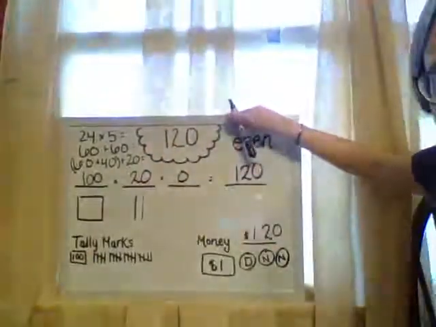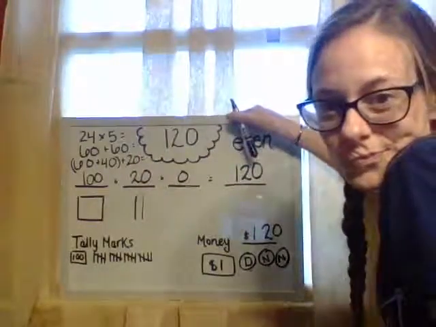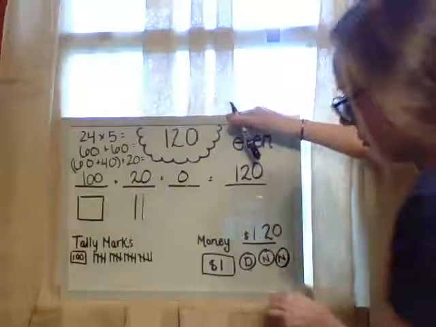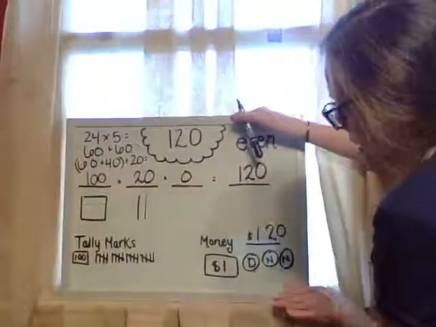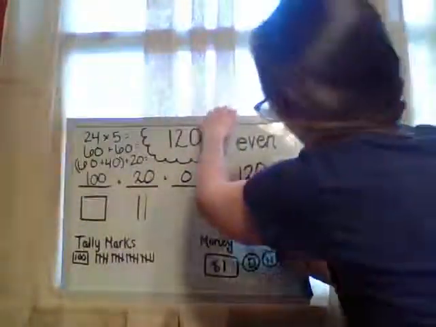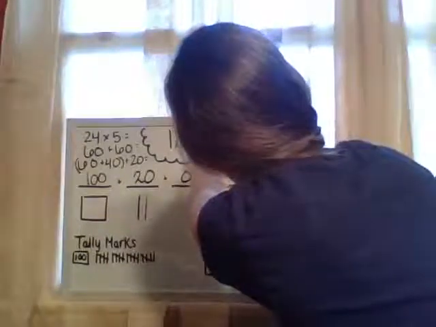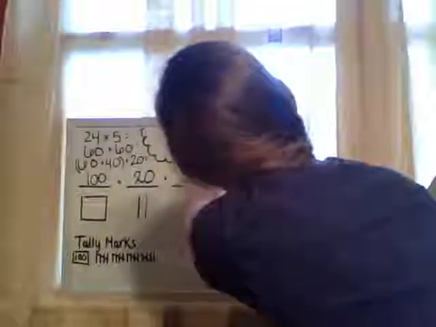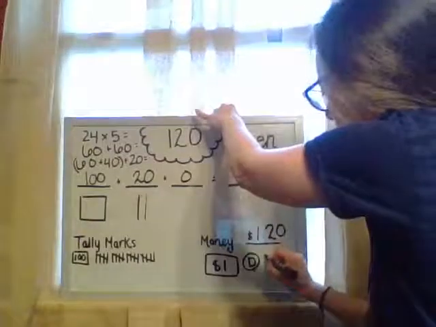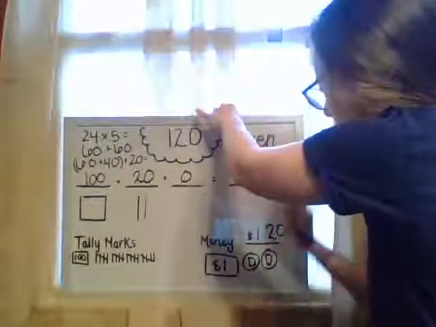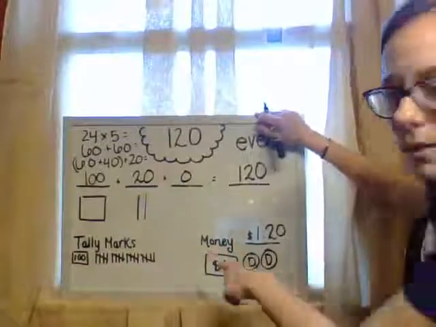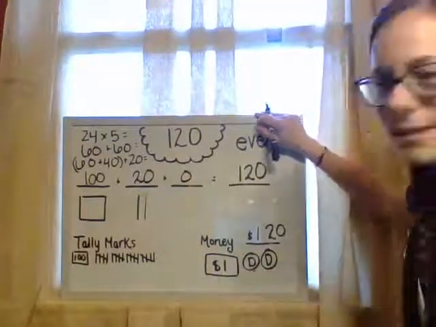Is there anything else that I can do? Yeah, I can take those 2 nickels and I can exchange them for a dime because 5 plus 5 is 10. So we're going to erase that nickel and erase this one here. A little tough to erase. And we're going to put a dime there. Okay, so now we have $1, 10, 20 cents.